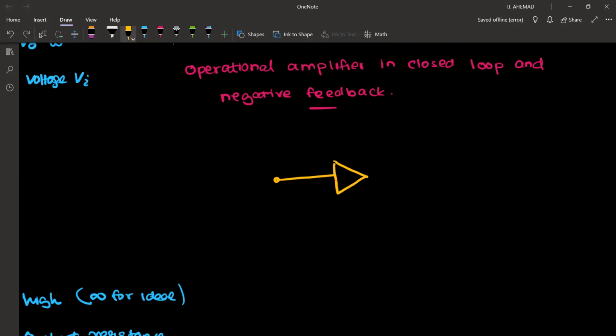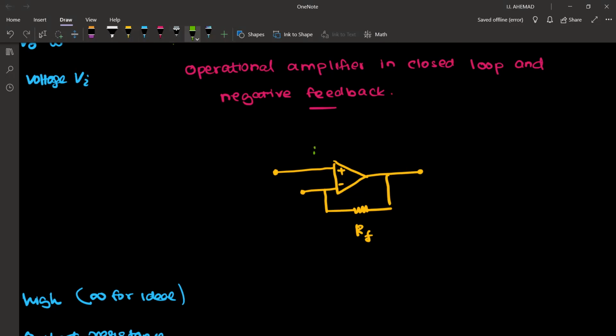So we know what is feedback and we know what is closed loop. If we give a feedback, it is closed loop. But what is negative feedback? We have two terminals, a positive terminal and a negative terminal. If we provide the feedback to the negative terminal using a feedback resistor, then we call it negative feedback.